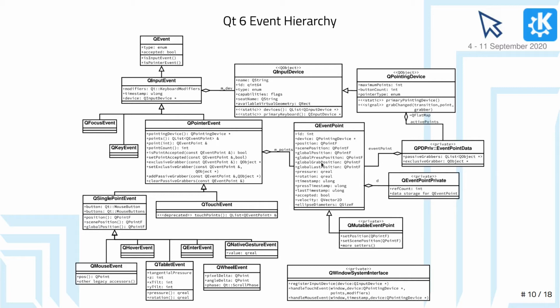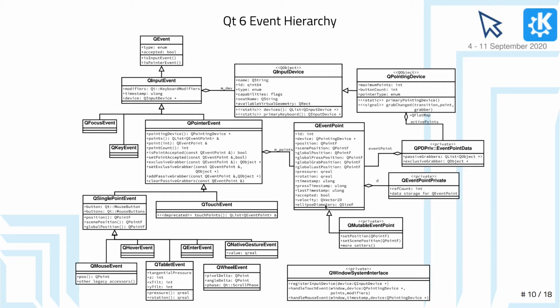Where was the mouse or the finger at the time when the last exclusive grab was done. These are all available on all the coordinate systems too. We have the local, the scene, and the global positions. And then pressure, rotation, those might not always be interesting, but they're there just in case. And also, every point has velocity now, so you always know how fast it's moving in addition.